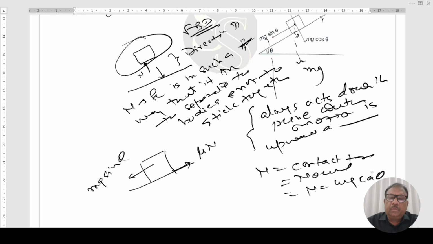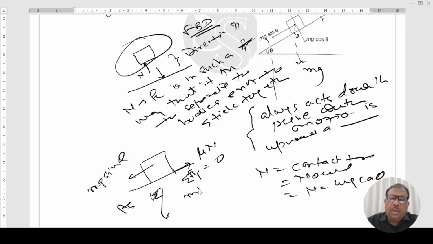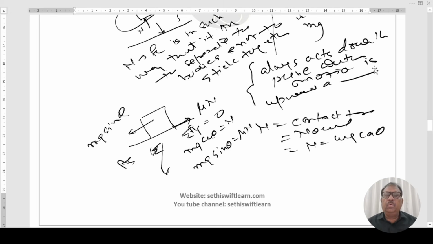Summation Fy equals 0 means mg cos theta equals N, which we have taken, and mg sin theta equals mu N. Summation Fx equals 0.